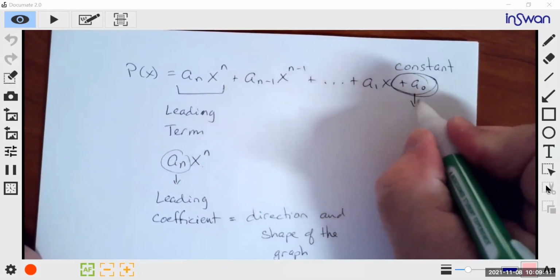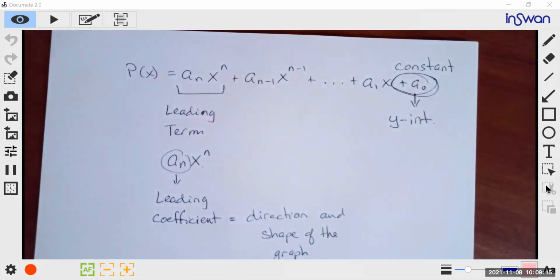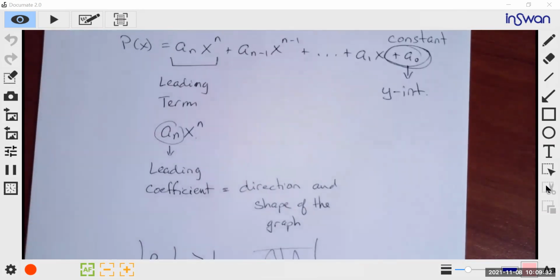So since it's the constant, it tells me it's the y-intercept. Once we look at that equation, the value at the very end tells us that's where it crosses the y-axis. So we'll know what part of the graph goes with it.